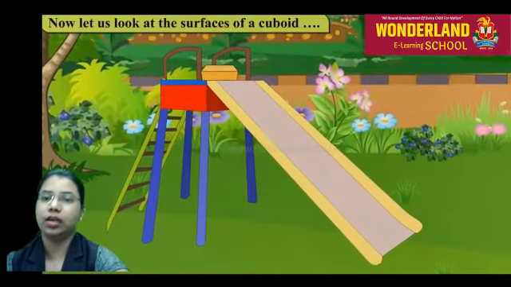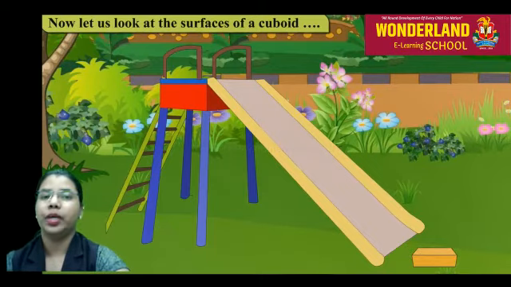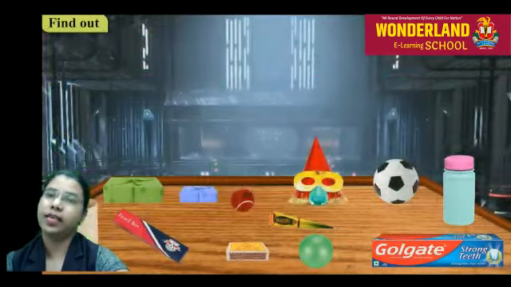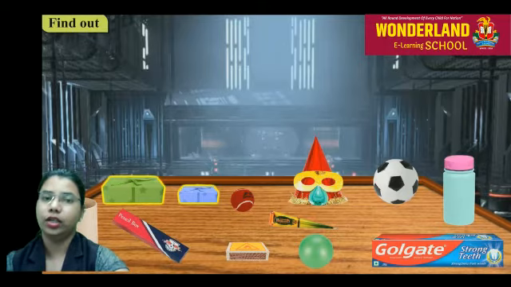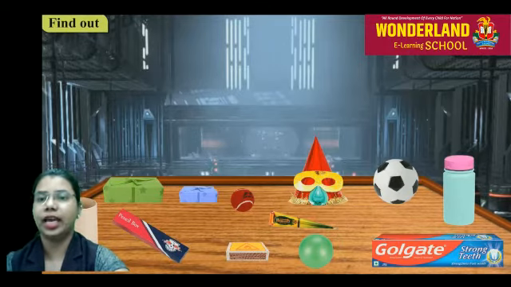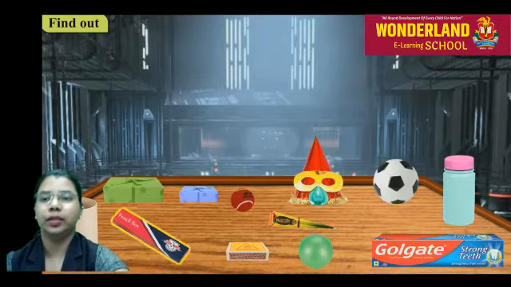If we place a cuboid on a slide in a park, it will slip down the slope because of its flat surface. Now, find out the objects on the table of a cuboid shape. Two mithai boxes, matchstick box, a pencil box are the objects on the table having cuboid shape.